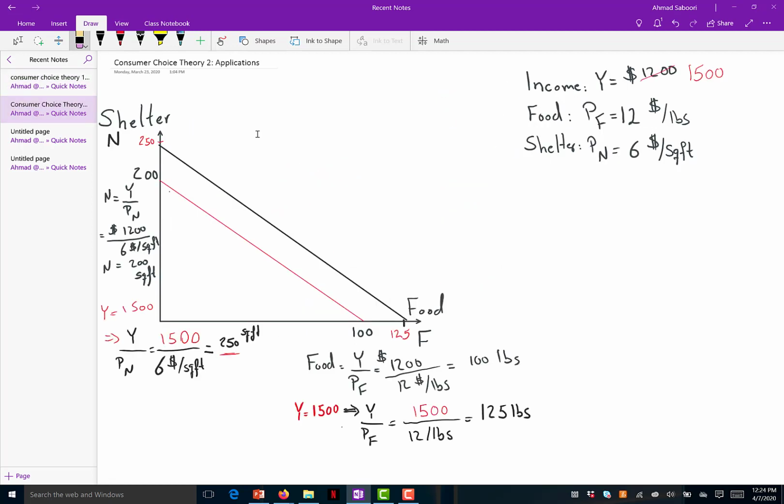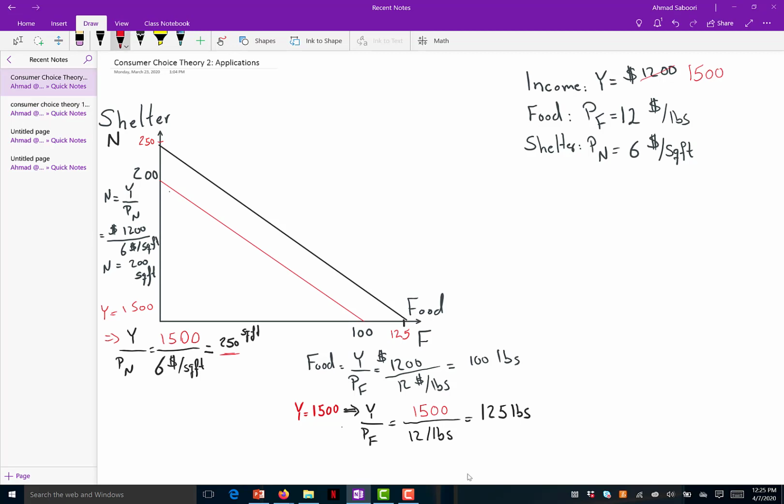And if you take a look here, the prices have not changed. The thing that has changed is the income. The prices have not changed. Both prices are constant, so there's no reason why the price ratio should be changed. That's why the slope of the new budget line and the slope of the old budget line must be exactly the same.